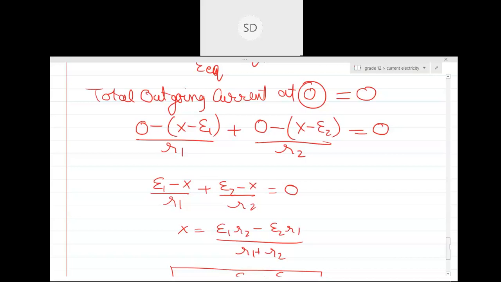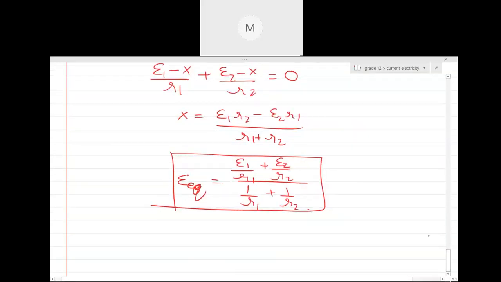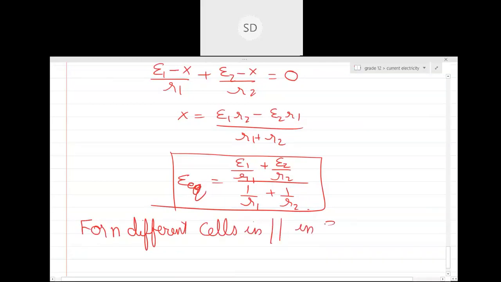So can anyone tell me what if this formula would have been generalized for n different cells in parallel, in the same polarity?